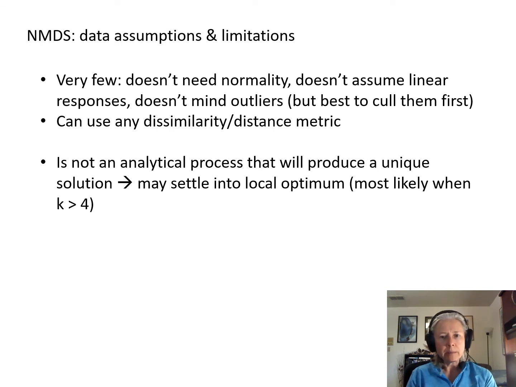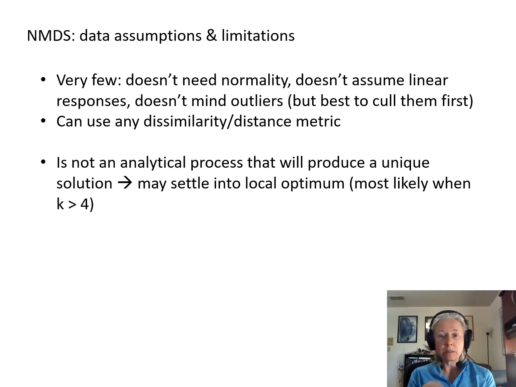But remember that with NMDS, or any ordination, the point is to elucidate patterns in your data. And so if it produces a solution that elucidates patterns, then it has been successful. You rerun it, you get a different ordination. If those patterns are true, it presumably should allow you to discern those same kinds of patterns in your data.